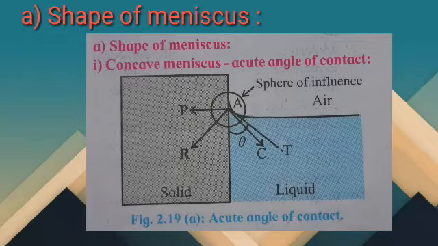The molecule experiences both the cohesive as well as the adhesive force. In this case, since the wall is vertical, the net adhesive force AP acting on the molecule A is horizontal.